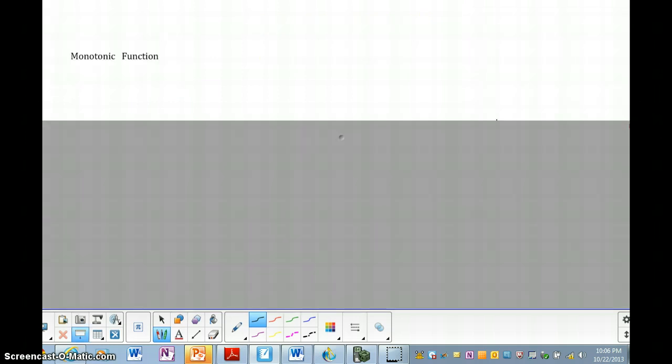The first thing I want to talk about is this vocabulary word, monotonic function. A monotonic function is a function that either never decreases or never increases. So if I had an example of a function that never decreases, that means it would always increase.